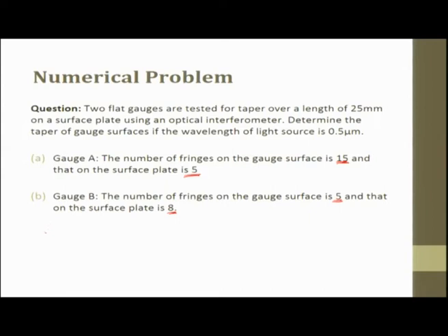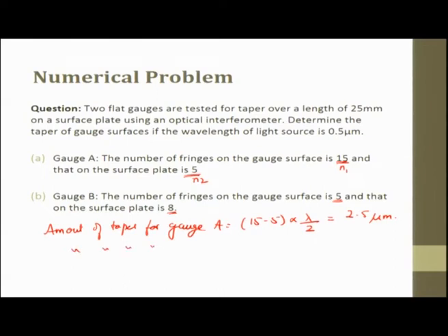So, how do we do it? The amount of taper for gauge A is equal to 15 minus 5, that is n1 minus n2, into lambda by 2, which is nothing but 2.5 micrometer.